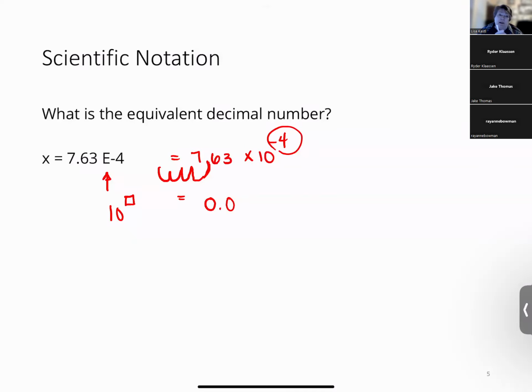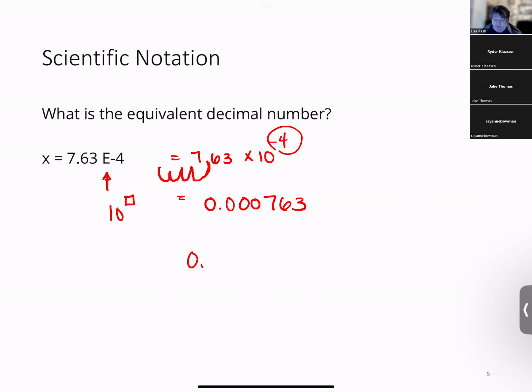There are going to be 3 zeros in front of the 7. 2, 3, 7, 6, 3. And we're good to go. So that small number in scientific notation, in decimals, is 0.000763.